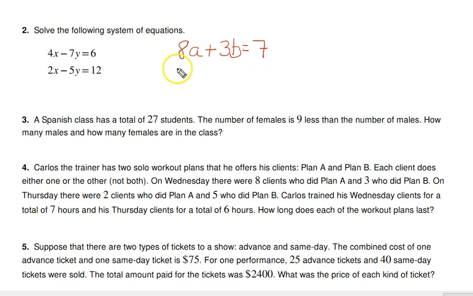And on Thursday, there were 2 that used plan A, and 5 that used plan B, and they spent 6 hours. So, that wasn't too bad in organizing your data into your equations.